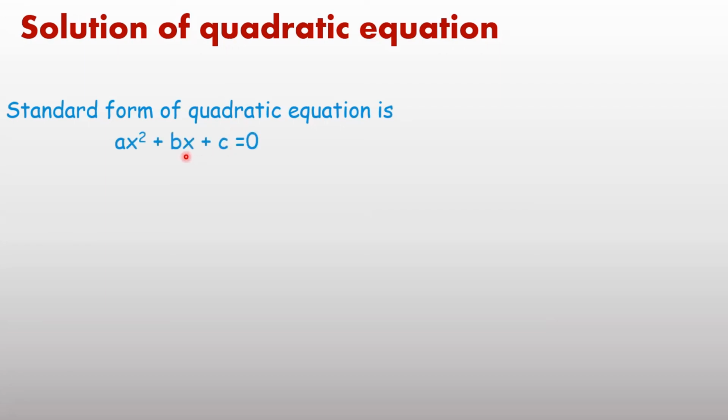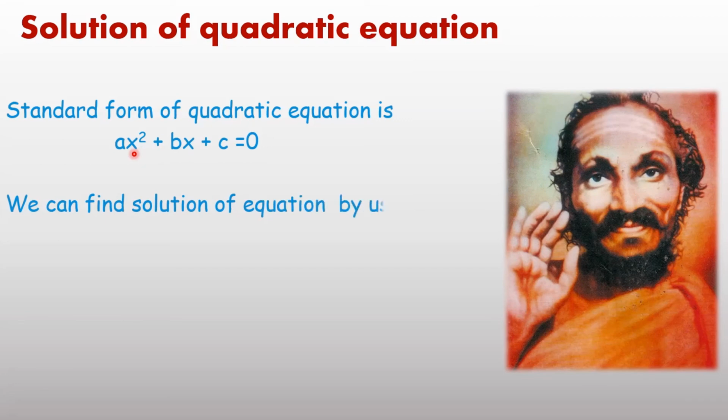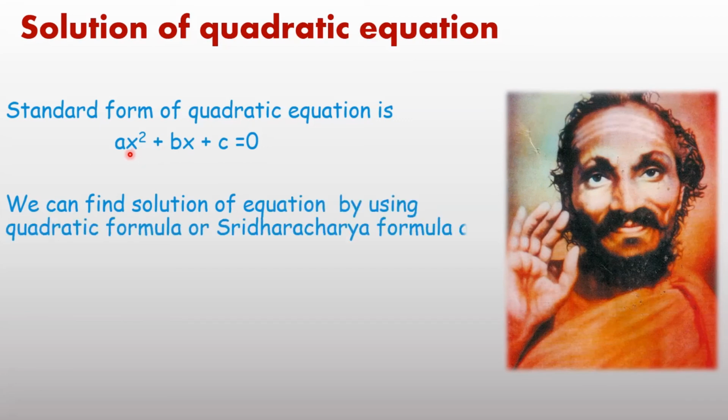Now if any quadratic equation is given, you have to find the values of x. Since all of you know, the standard form is ax square plus bx plus c equal to 0 with condition a not equal to 0, where a, b, c are real numbers. Then we can find the solution using the quadratic formula.